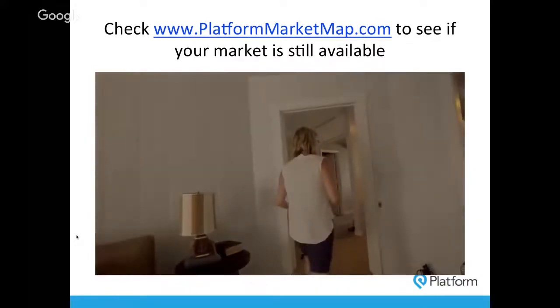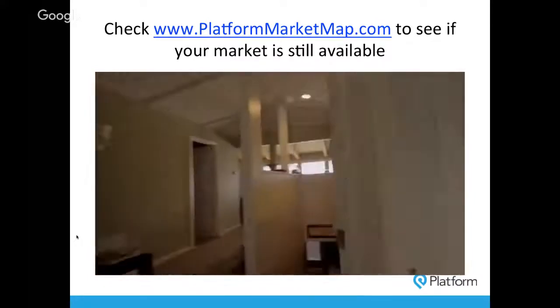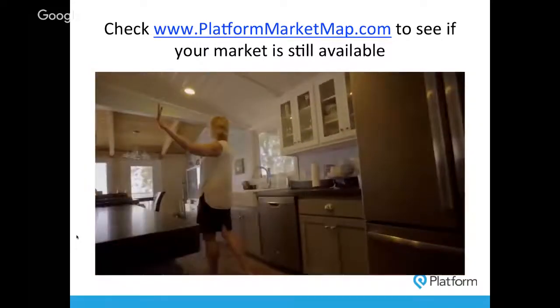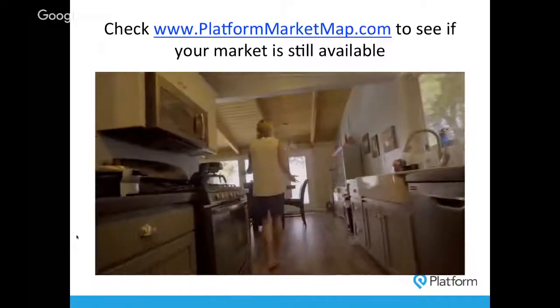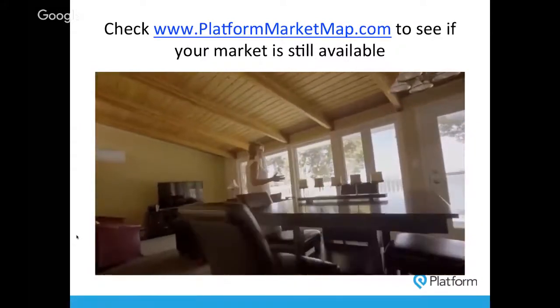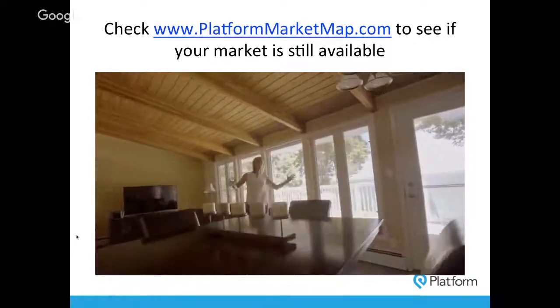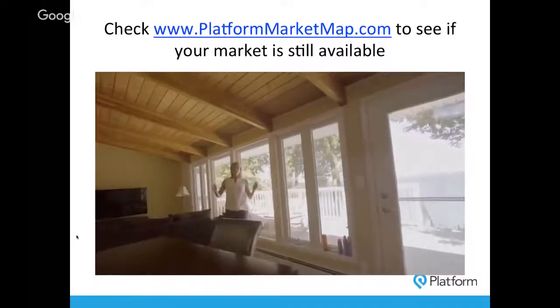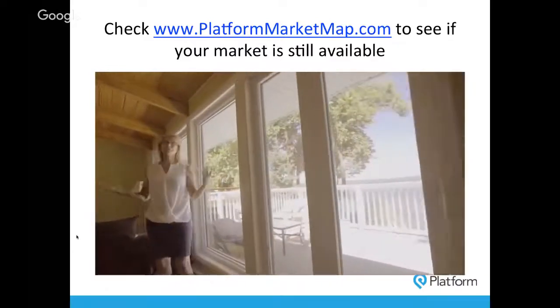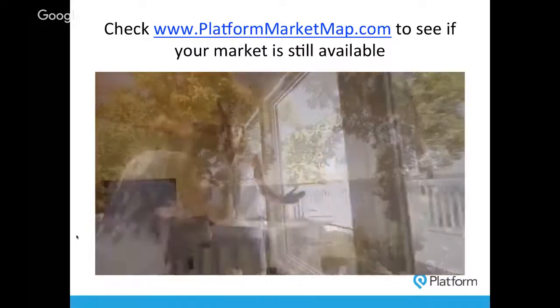Going into the kitchen, I was able to put in all new countertops, new flooring, all new appliances, took out some walls, added some windows, opened up the living room. This was a couple tiny rooms before, but what I love about this place is this epic view of Green Lake, and thanks to Platform, I get to enjoy it every day.